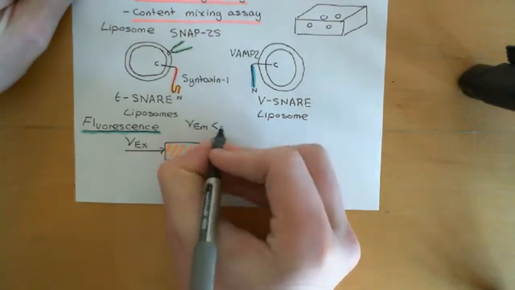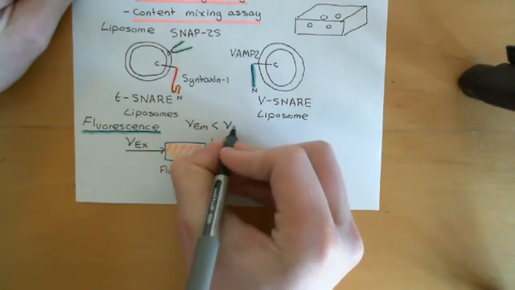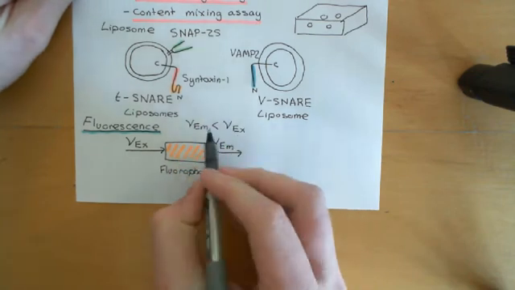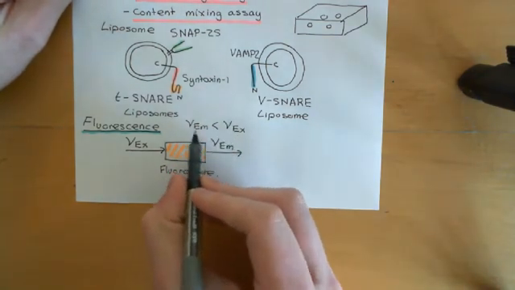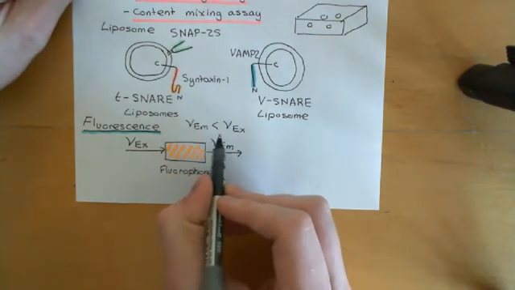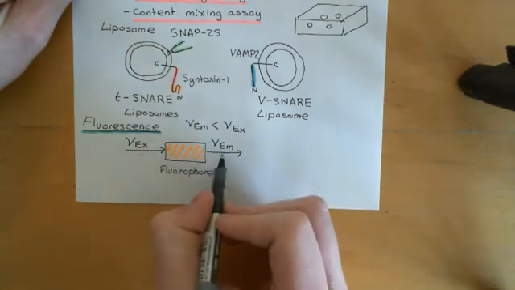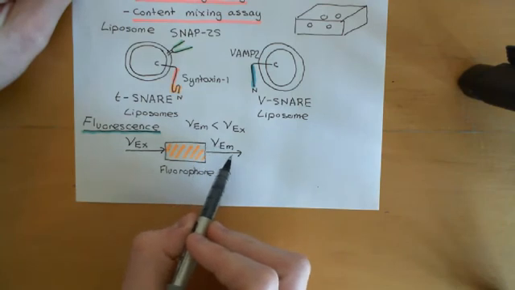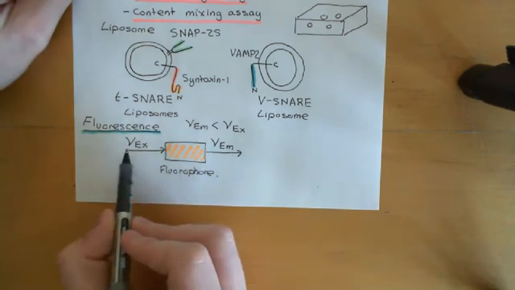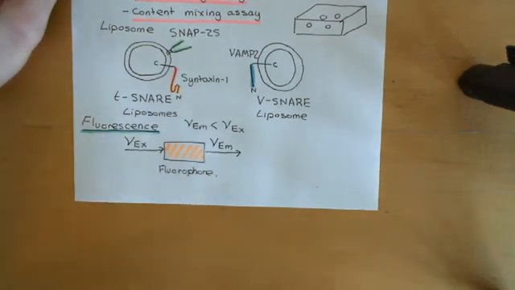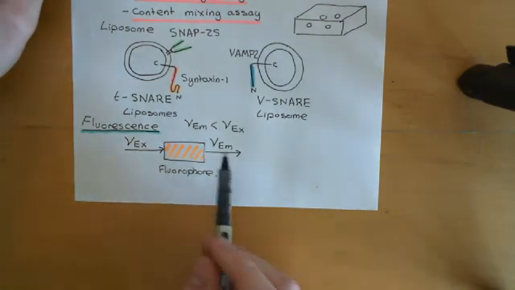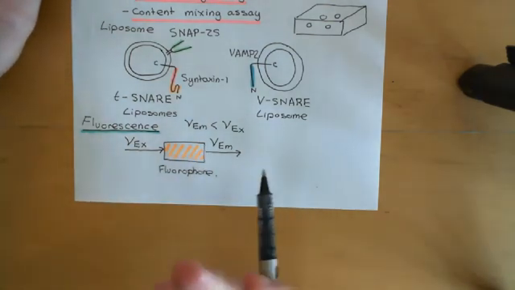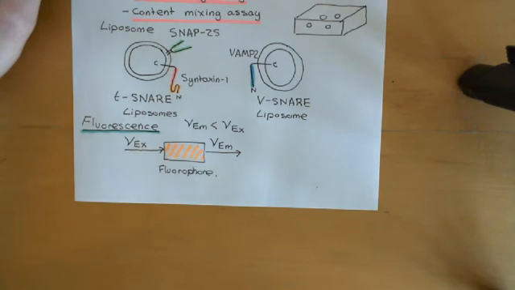That's because how high your frequency is determines how high your energy is. So this is equivalent to saying that the energy of the photon of emission is always going to be less than the energy of the photon of excitation, which makes sense. You would hardly expect it to be higher, would you? You'd always expect it to be less than how much energy you put in. So that's the property of fluorescence.